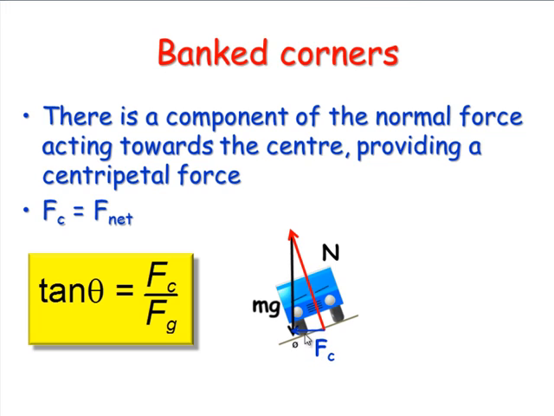That's because this angle here is the same as this little one in here. That's perpendicular, so that's 90 minus the angle, which means that is the same angle at the top as we see at the horizontal. So that relationship is opposite over adjacent, centripetal force over gravitational force equals tan theta.